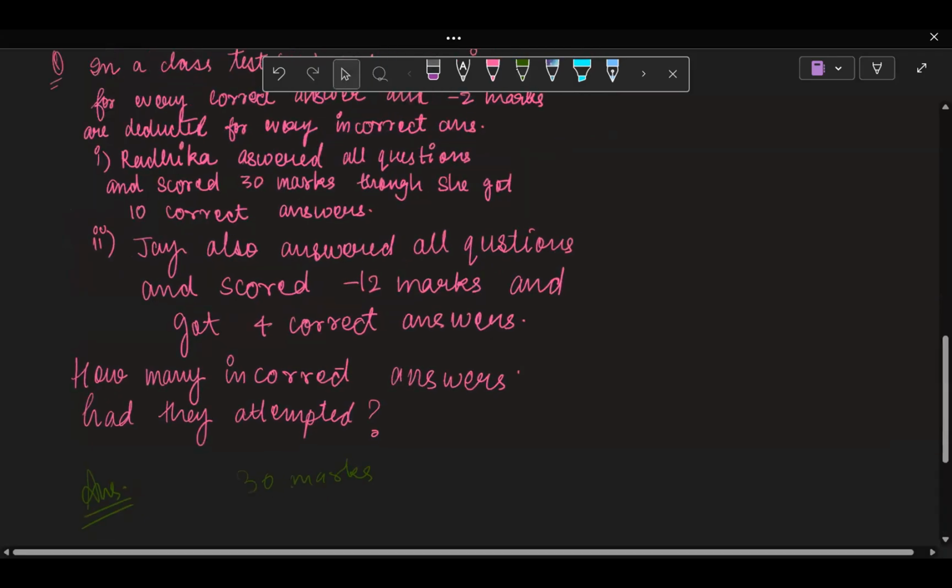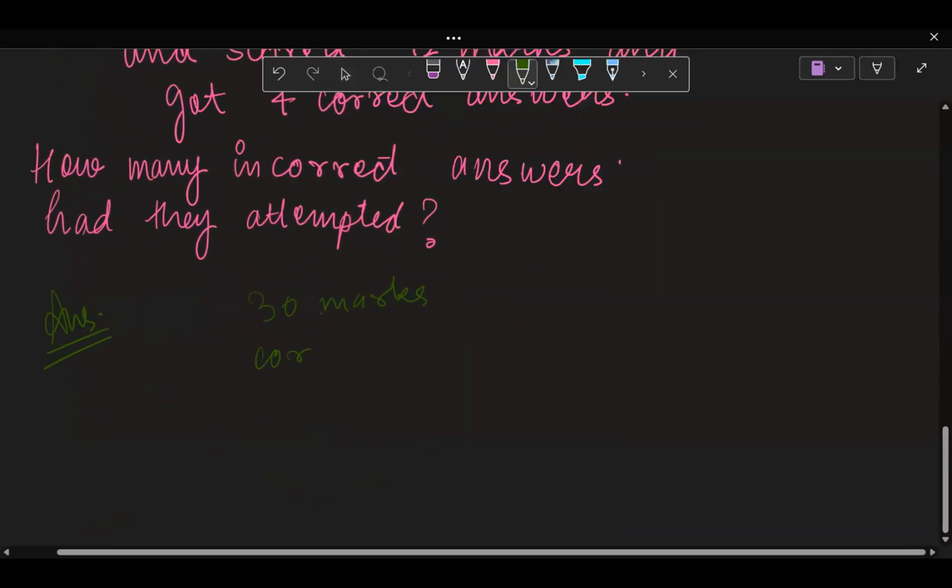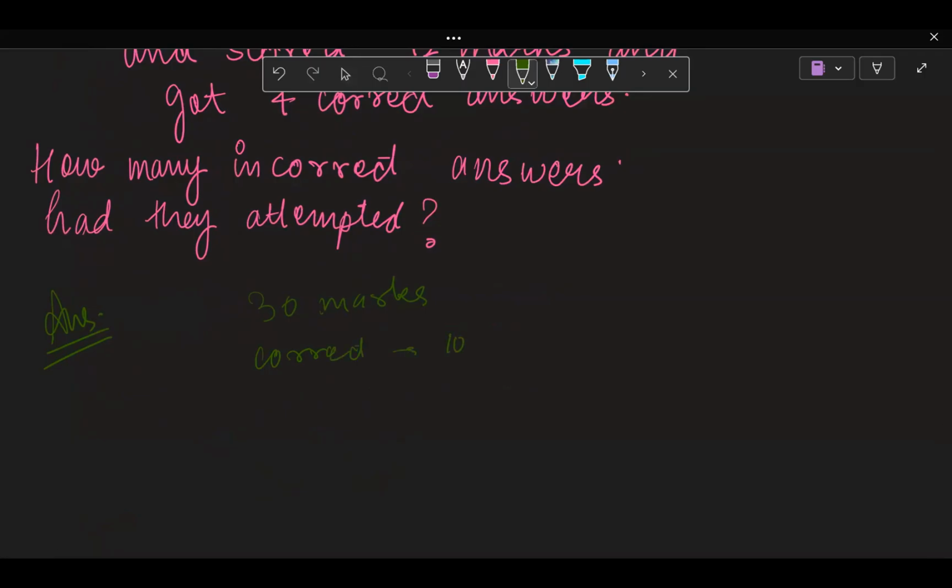Now she answered how many questions correct? 10 were correct. So for correct answers, how many marks did she get? For one correct answer, it is 5 marks.